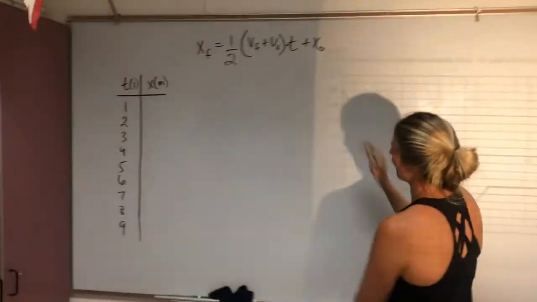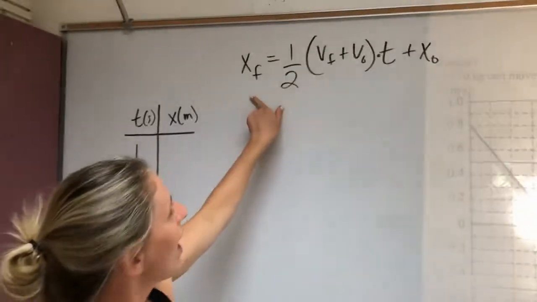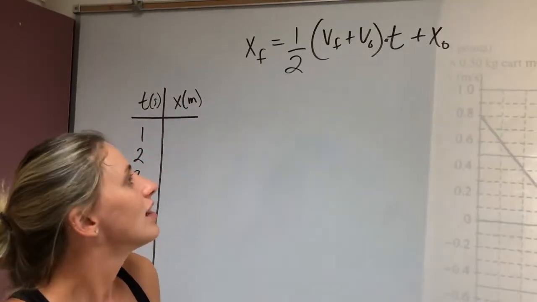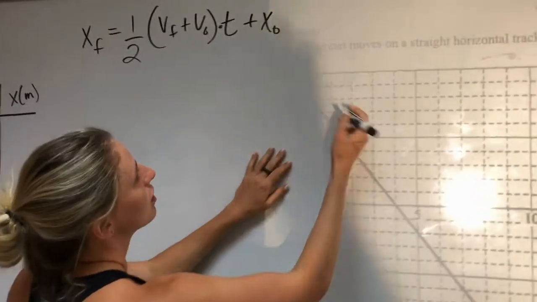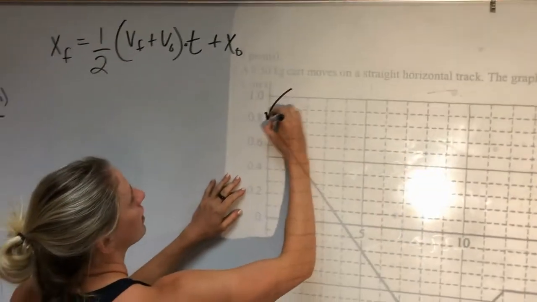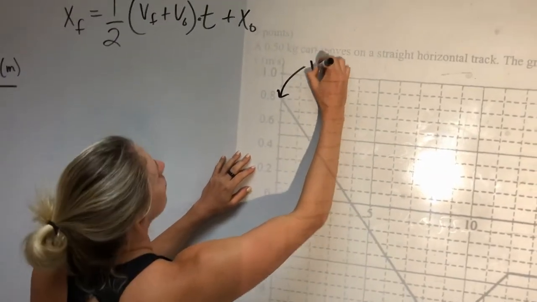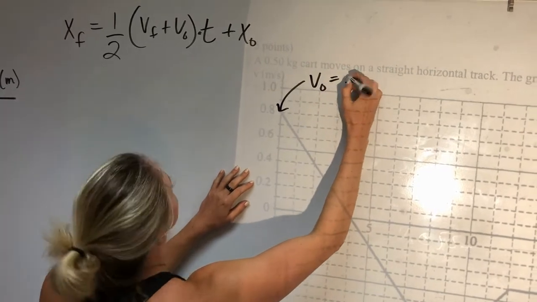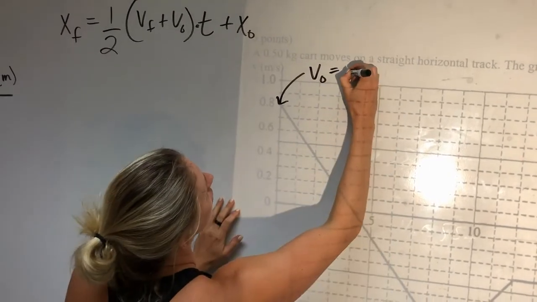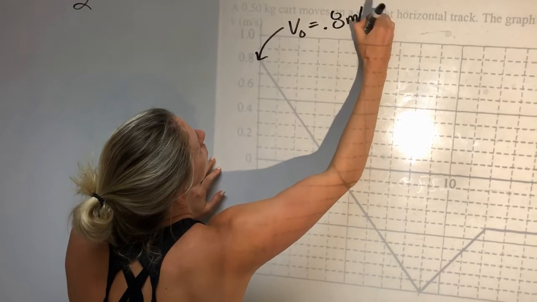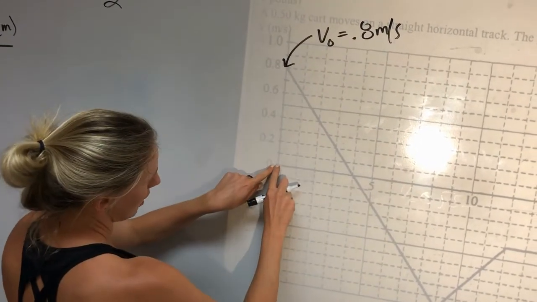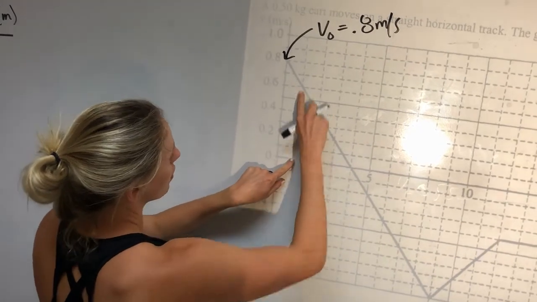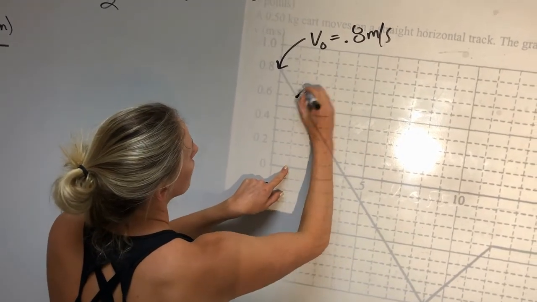Let's start here. So we have all of these variables. Let's go ahead and label what we have on here. So we know that right here we have our velocity initial, which is always going to equal, for this segment, 0.8 meters per second. Our final velocity at time equals 1 is going to be right here.